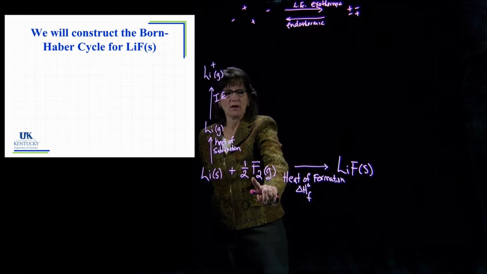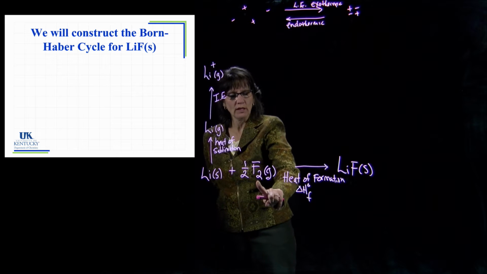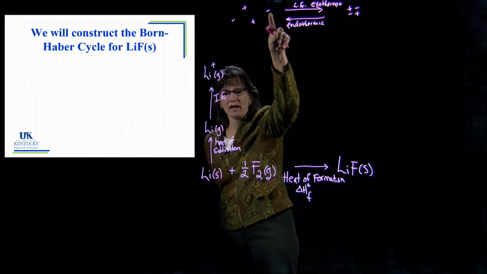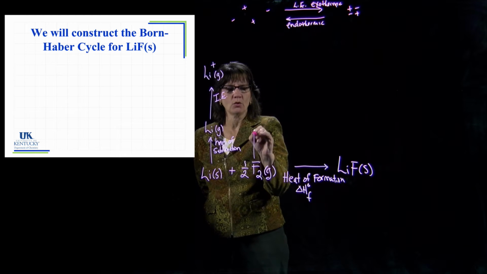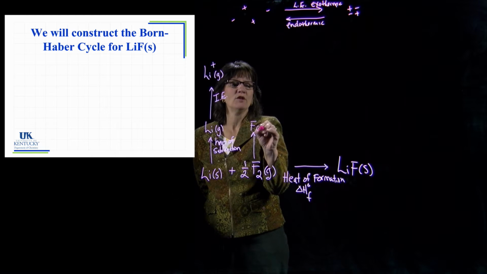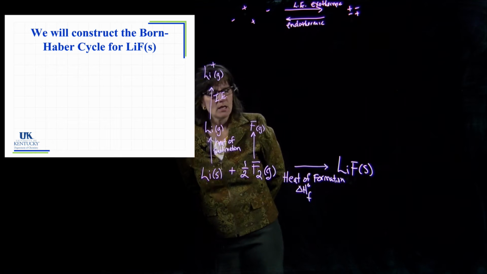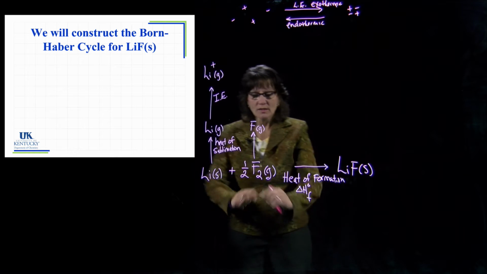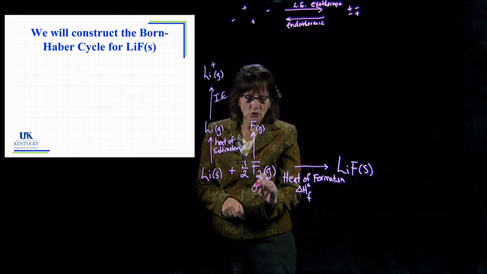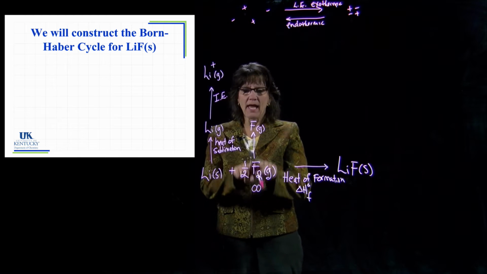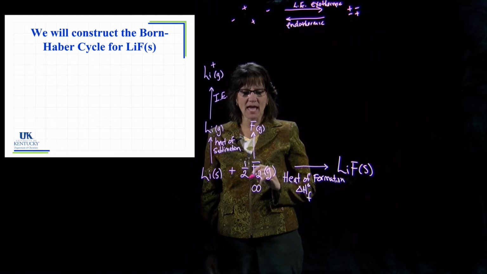Now let's get our fluorine where we need it. We need the fluorine to be in gaseous ions. The first thing we need to do is turn fluorine, the diatomic molecule, into fluorine individual atoms. Okay? So what are we doing here? We are taking a half mole of fluorine molecules where the atoms are hooked together, and we're pulling them apart into gaseous atoms.